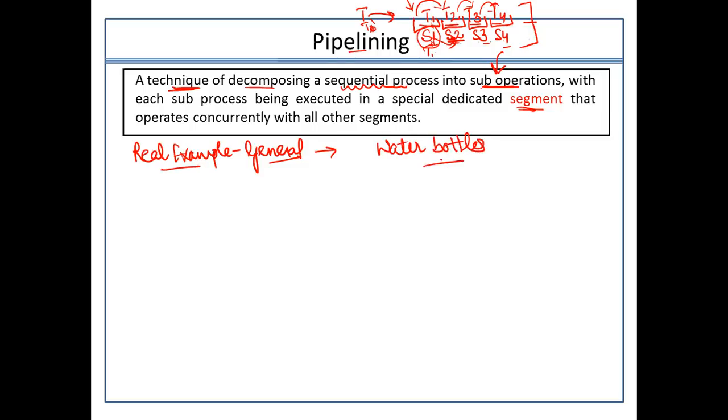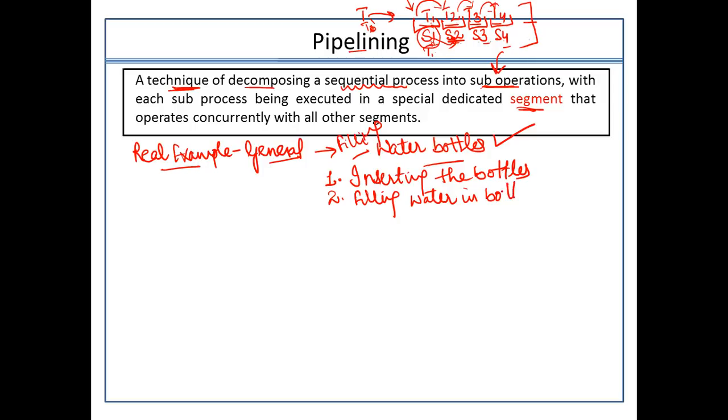There will be tasks like inserting the bottle into the plant. After inserting the bottle, we need to fill water into the bottles. This could be the second step.